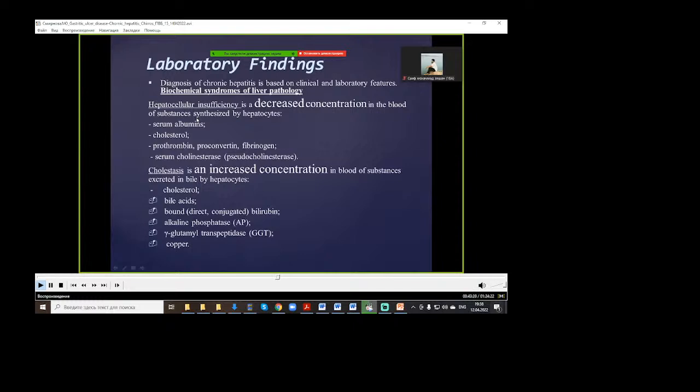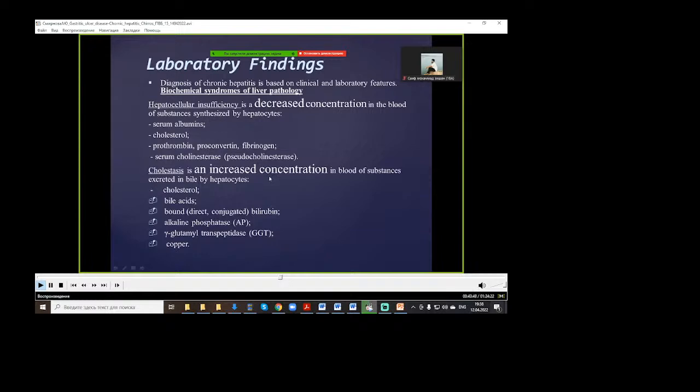This syndrome is characterized by decreased concentration in the blood of substances which are synthesized by hepatocytes. So in this case, serum albumins, cholesterol, prothrombin, proconvertin, fibrinogen, and serum cholinesterase will be decreased. Next syndrome, cholestasis.